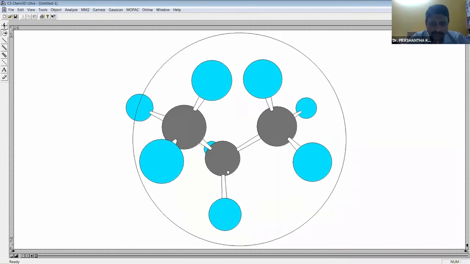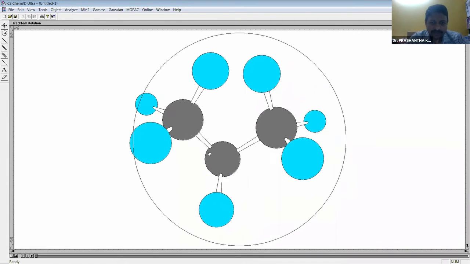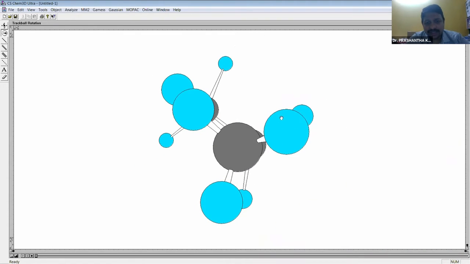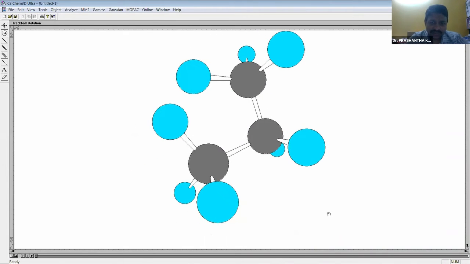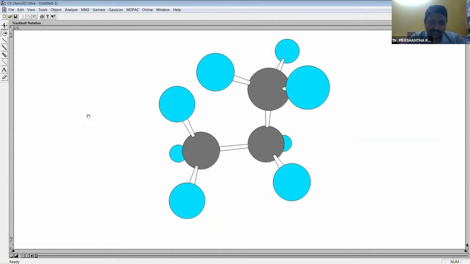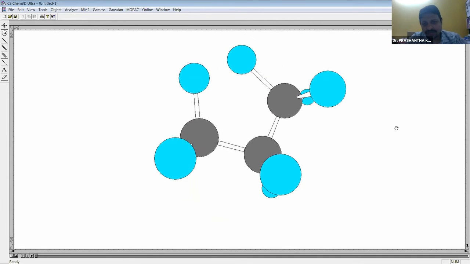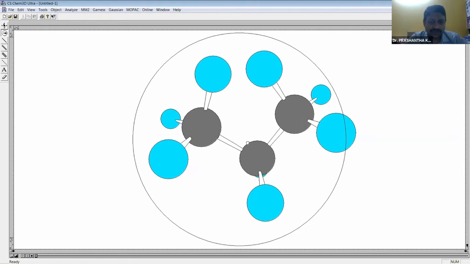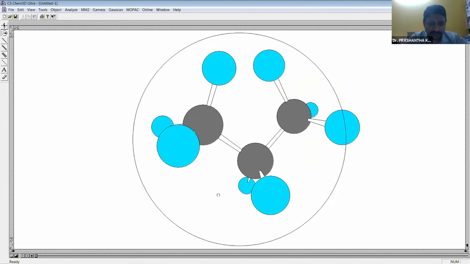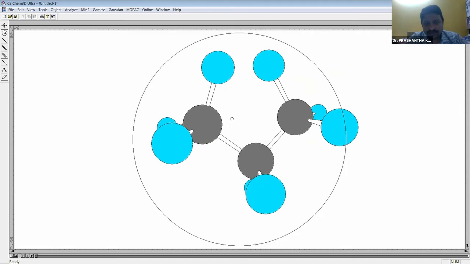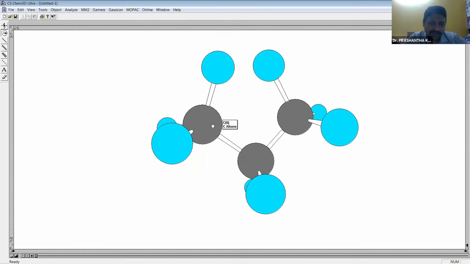Overall, we feel the ligand or structure is correct, the number of atoms and the way it looks, everything looks fine. That's our initial feeling. But the bond length is not correct, and the bond angle is not correct in many cases.